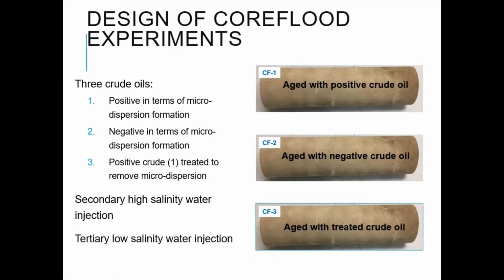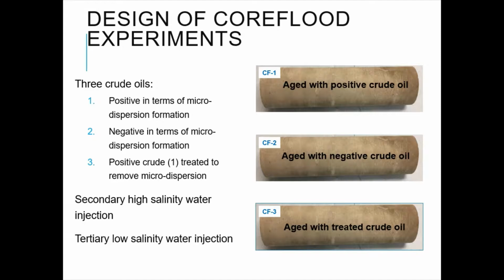In terms of methodology, it is the same as the sandstone one. We used 3 cores taken from a carbonate formation from the Middle East. 3 crude oils were used: 1 positive one, as you saw from the previous slide, 1 negative one, and 1 where we use the positive one, pre-contact the crude oil with low salinity water, and then remove the interfacial phase to remove the micro-dispersion.